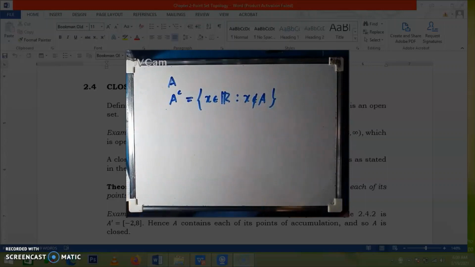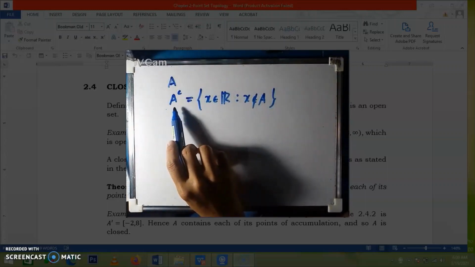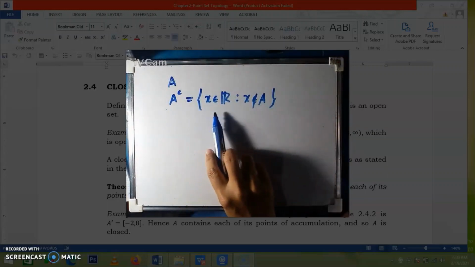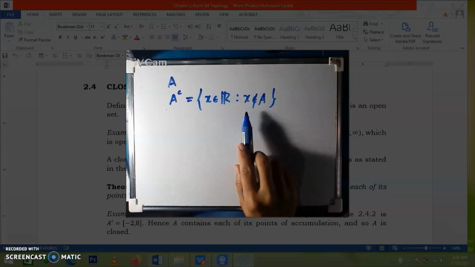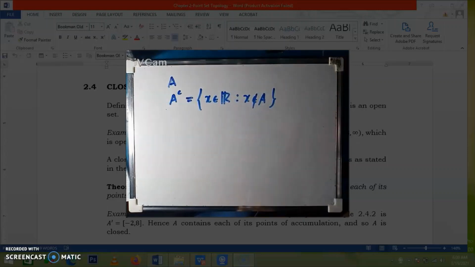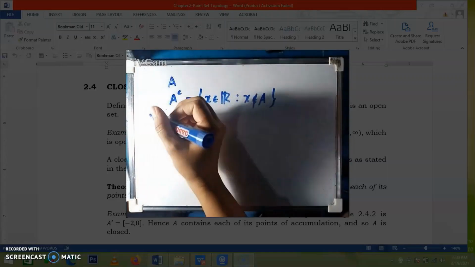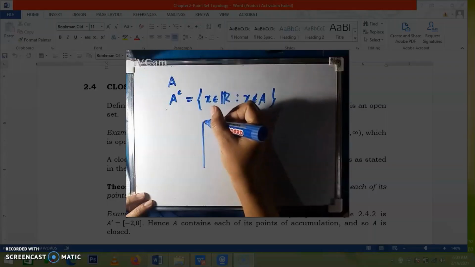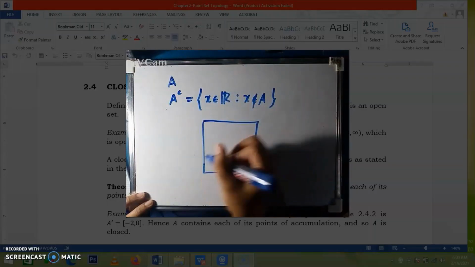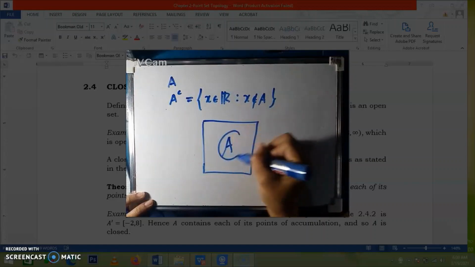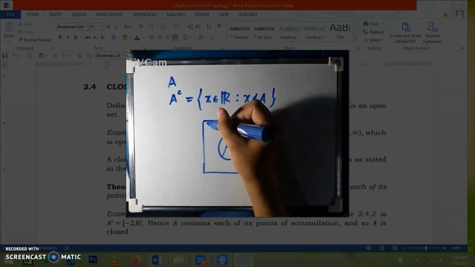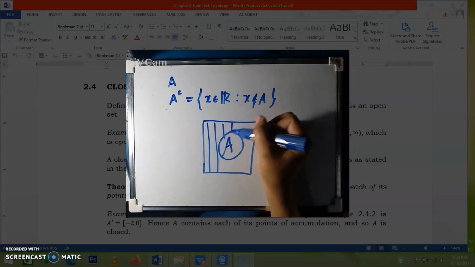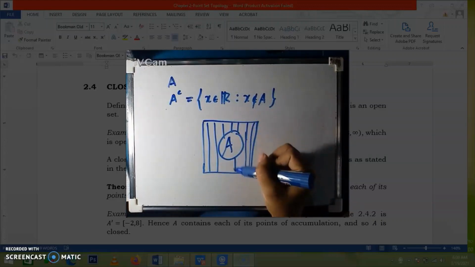This is the symbol for the complement, and it is the set of the elements of R wherein x is not in the set A. If we use the Venn diagram, we can illustrate the complement of the set A. Say for example this is our set A, so the complement is outside A. This is the complement of A.